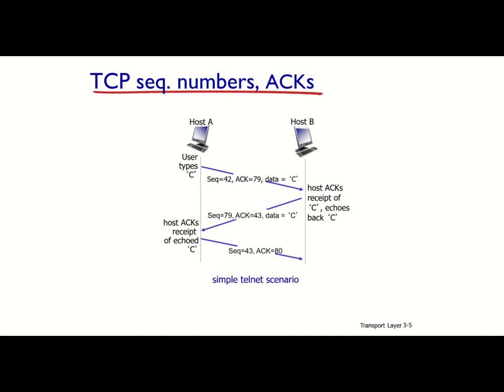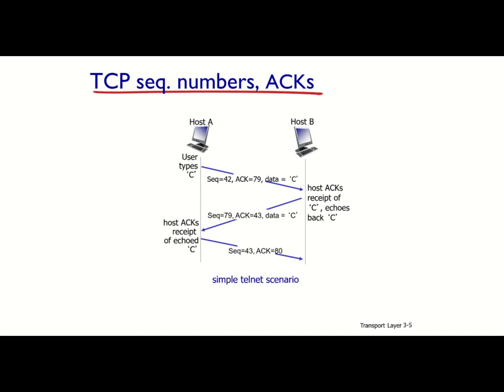Let's assume that host B simply echoes back the data it receives from A, so it resends data C back to host A. As you see, the data has only 1 byte, that's why we only increment numbers by 1.